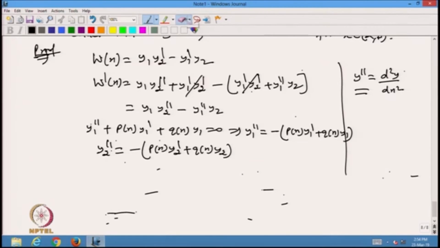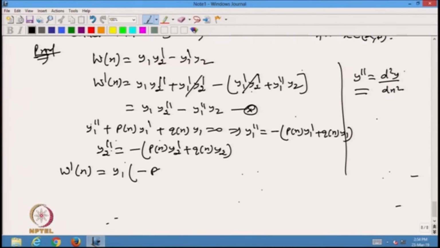So substituting these values in the above equation, I can write my W(x) as y1 times minus p.